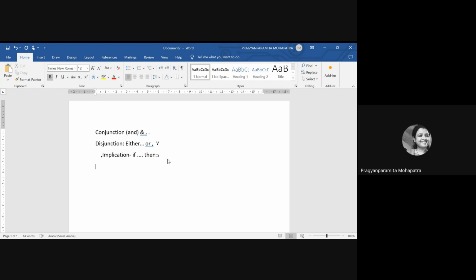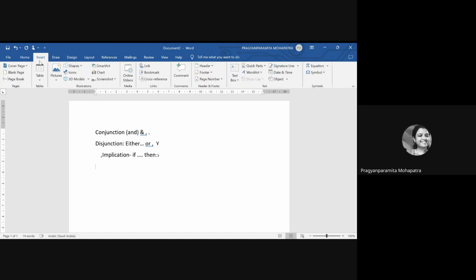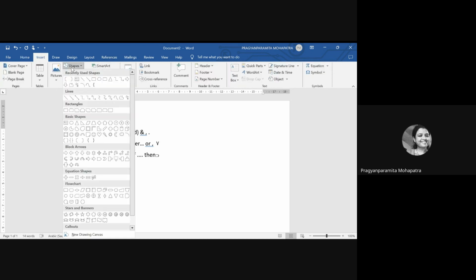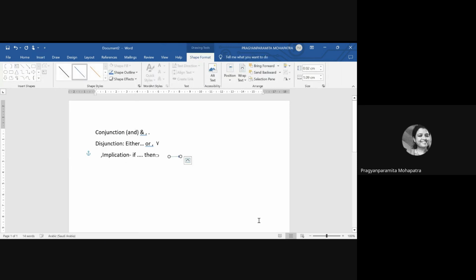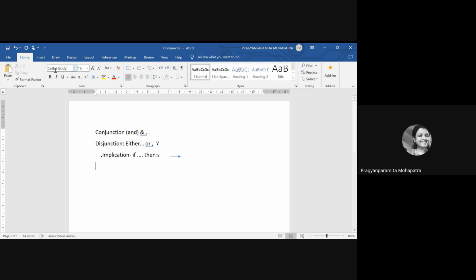Sometimes it is represented as an arrow-like structure, just like this.